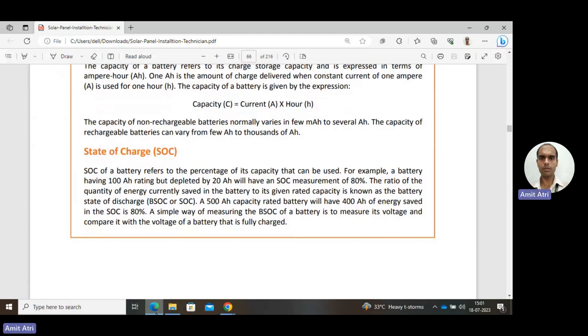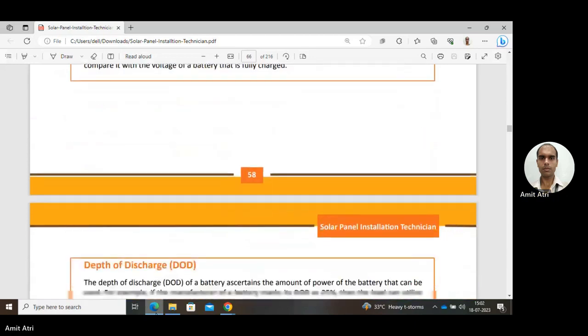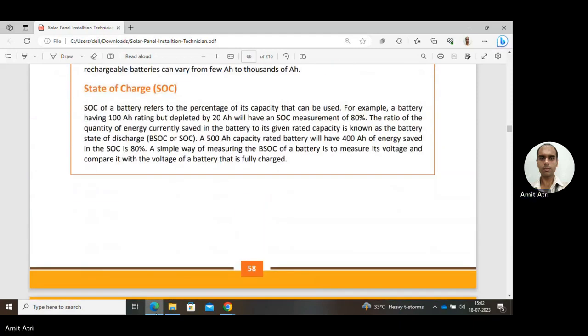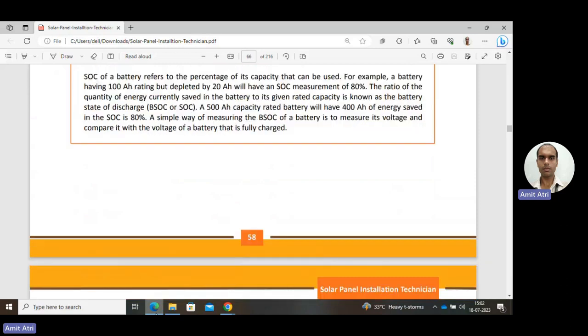That is the percentage of capacity remaining. The battery state of charge, how to measure it? We just need to measure the present voltage in the battery, and then compare it with the voltage of the battery when it was fully charged. Whatever is the difference, that is the state of charge.